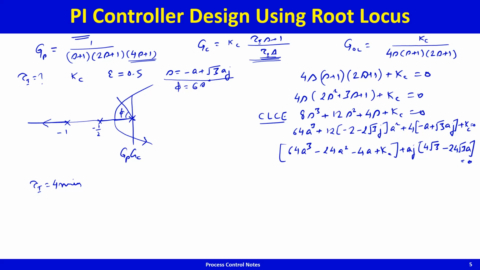Imaginary part equal to 0 gives me a is equal to 1 by 6.